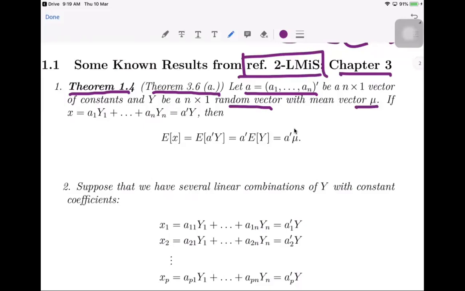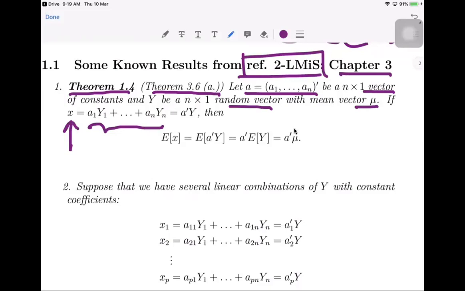Okay, so if we make a new random variable, which is a linear combination of your random vector and some constant vector, by notation, that is a prime y.